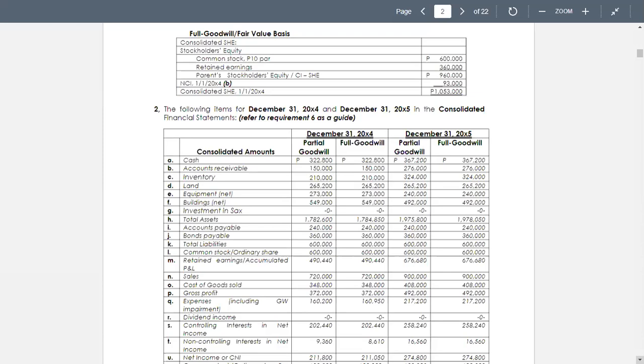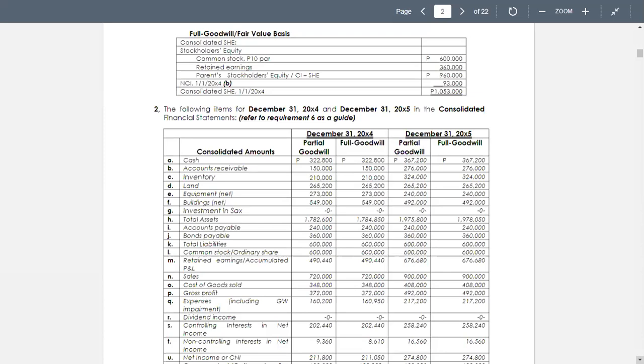Then we are deducting 12,000 for the adjustment on depreciation. So that gives you the equipment with an amount of 273,000. If you are trying to determine the amount, I gave you 240 plus 180 minus 135 minus 96.